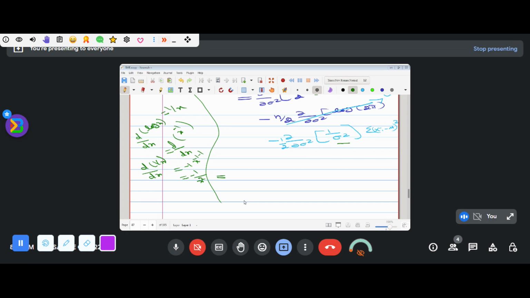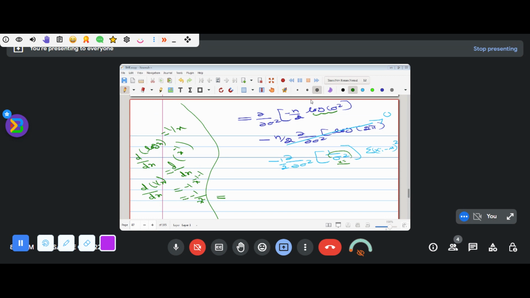So all values apply here. Here x equals sigma square, in both terms. Therefore I apply it here and simplify to get the result. What is the result here? 1 by x equals 1 by sigma square, therefore minus n by 2 sigma square.